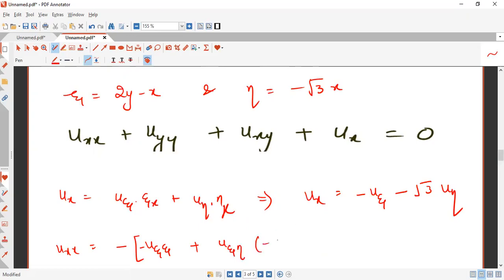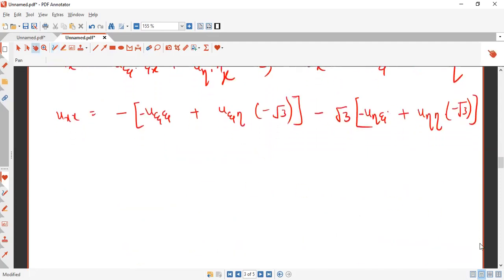Minus root 3. I'm skipping the steps, but you don't have to do it. Again u eta xi x, xi x is minus 1, so I put minus here, plus u eta eta of eta x. Eta x is minus root 3. Right? And solve it.